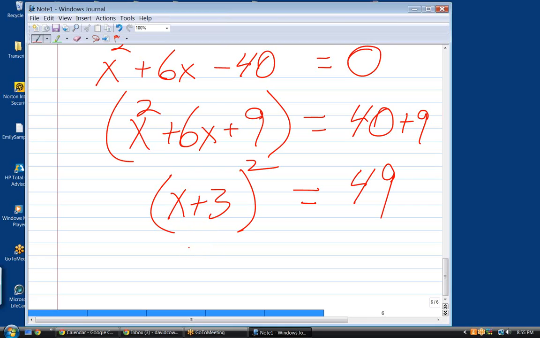It'd just be x plus 3. What are the first words supposed to be out of your mouth? Plus or minus. Square root of 49. I don't think I know the square root of 49. 7. Okay. So we're not quite done.